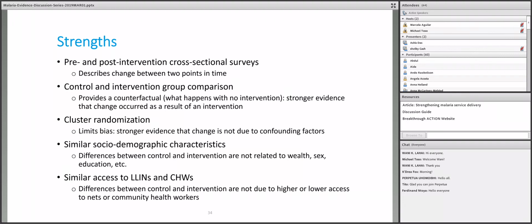Similarly, there were not much differences statistically between the control and the interventions in terms of the access. So if you recall, we got the supplies like the bed nets delivered equally to all intervention and control villages. So the changes or the impact of the intervention cannot be simply attributed to lack of supplies or reduced access.